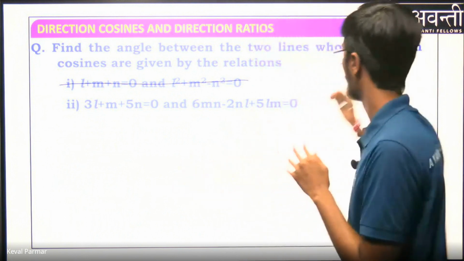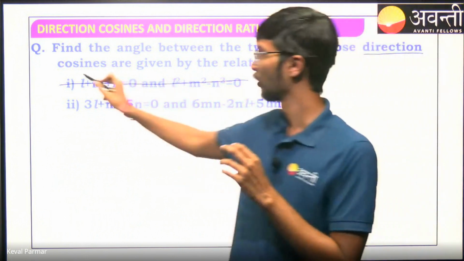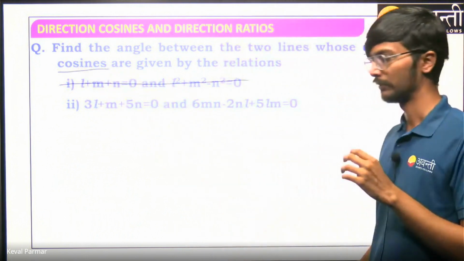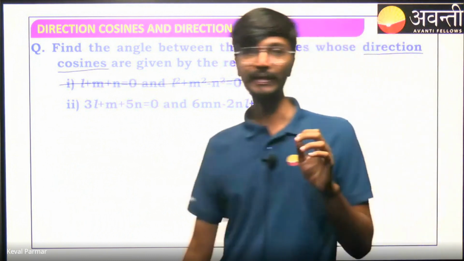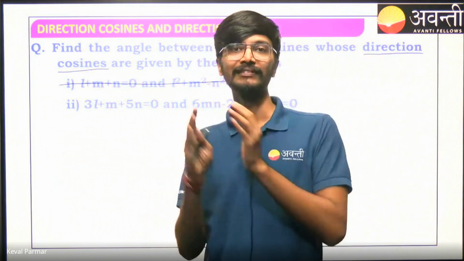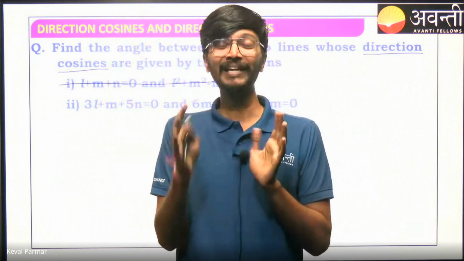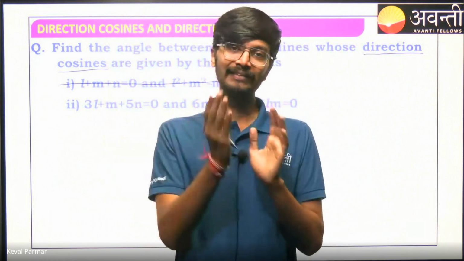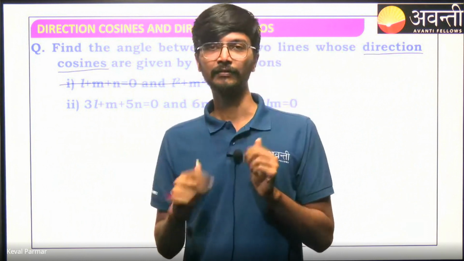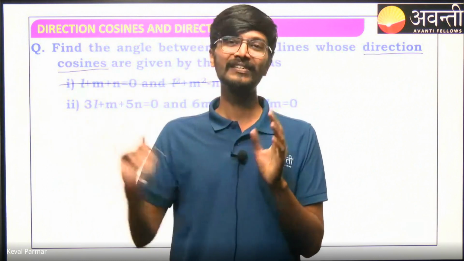DCS means direction cosines. Now, in 3D space, we have x-axis, y-axis and z-axis. So a line in 3D space will make some angle with x-axis, y-axis and z-axis. Please try to relate it with a 2D straight line.